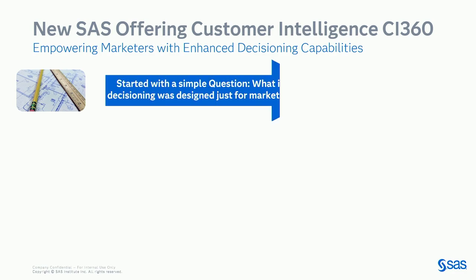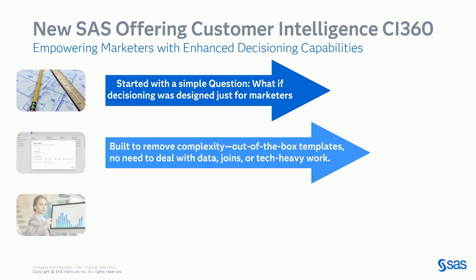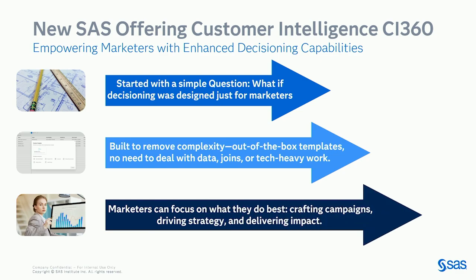Before I talk in detail about the features and functionality, let's go to the history. The inception of our new offering began with a simple yet powerful question. What if we could create, design and craft a solution that is designed for the marketing user?